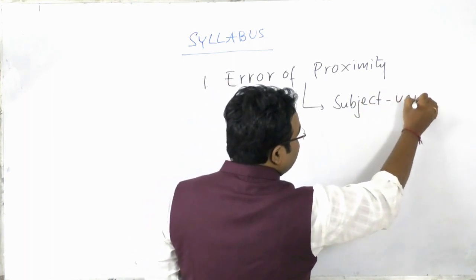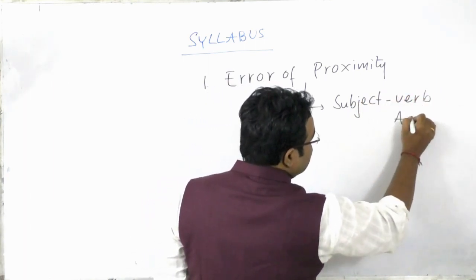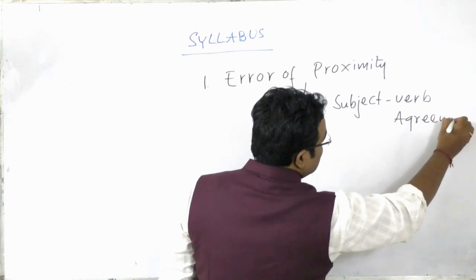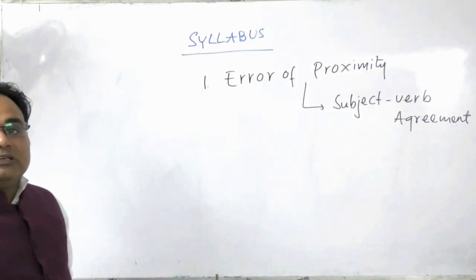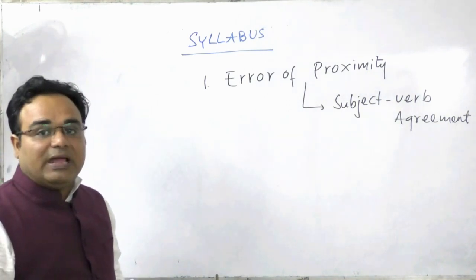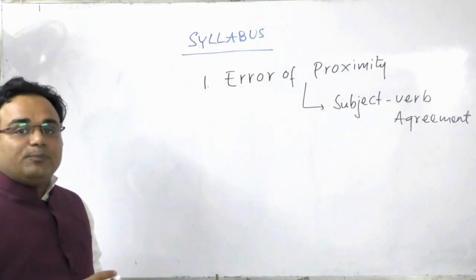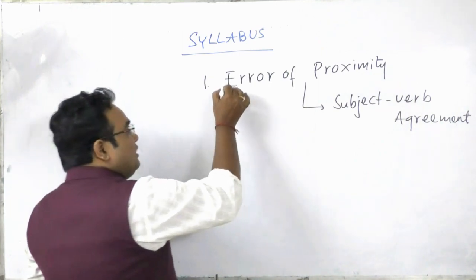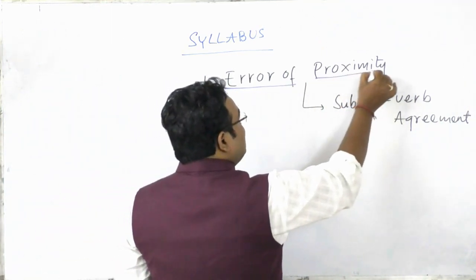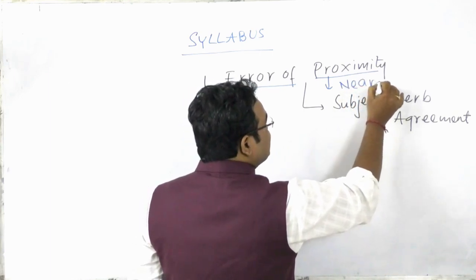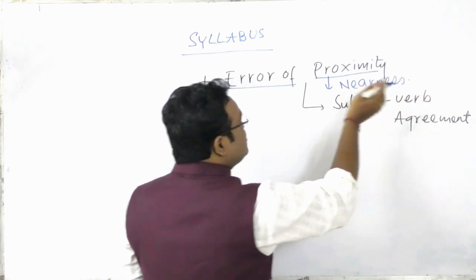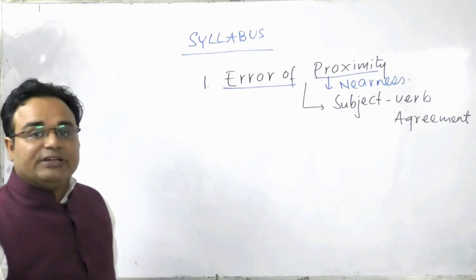So whenever you are reading subject verb agreement, don't forget to give much attention to the topic error of proximity. Now, what is the meaning of the word proximity? Proximity means nearness or neighborhood. So this is as good as error of nearness.